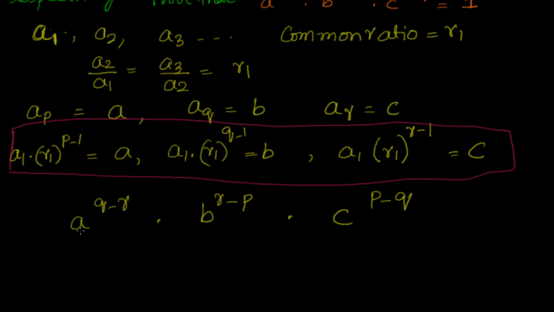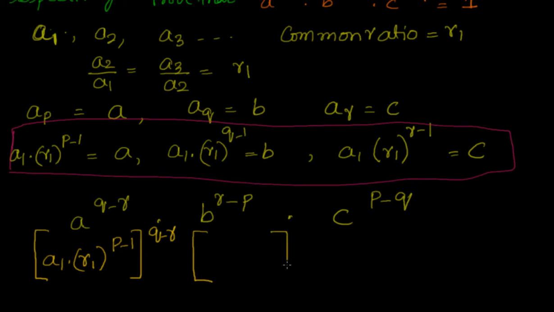Instead of a I can write a1 into r1, whole to the power of p minus 1. That whole thing I have to raise to q minus r. Similarly, the next one will be whole to the power of r minus p.